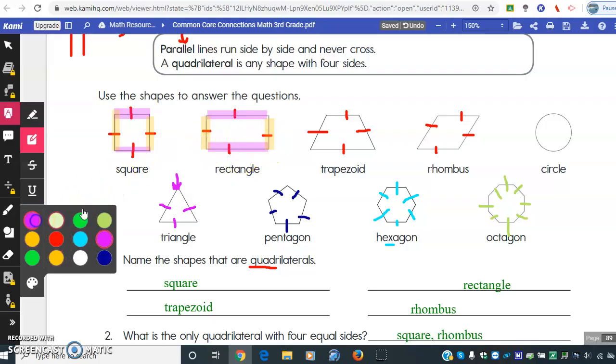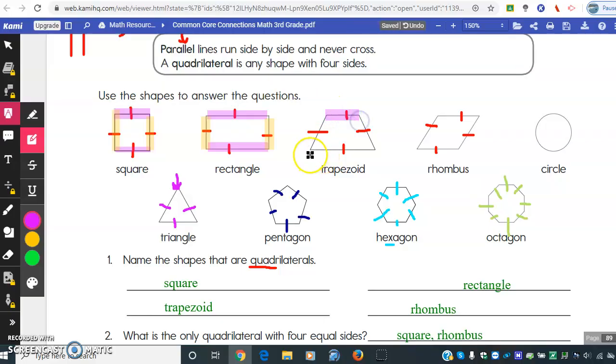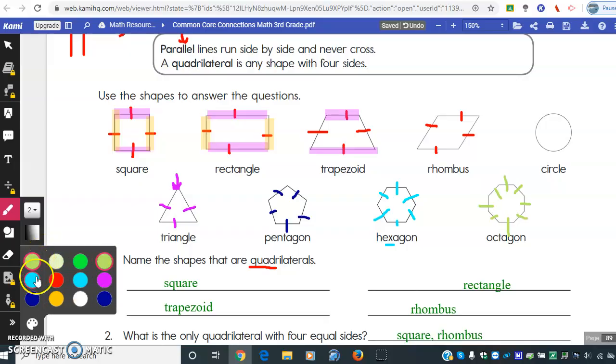Let's take a look at the trapezoid. The top and bottom of my trapezoid, they're going the same way. They're like train tracks, going the same direction. But look really closely at these two sides. Whoa, wait a second. Those are not parallel, and let me show you why.